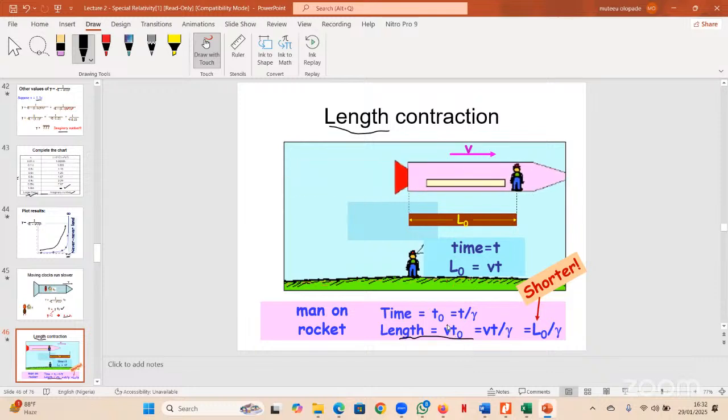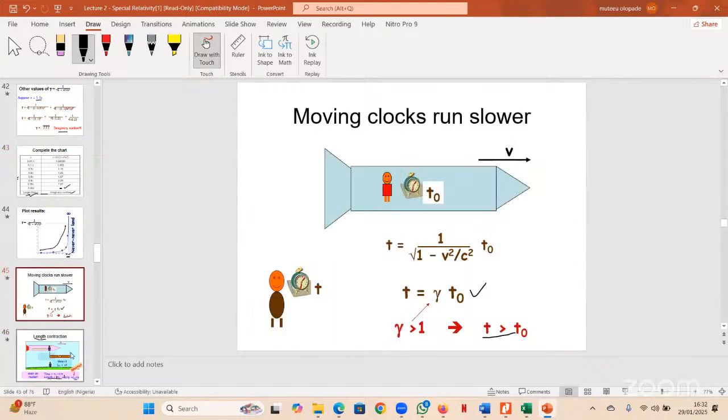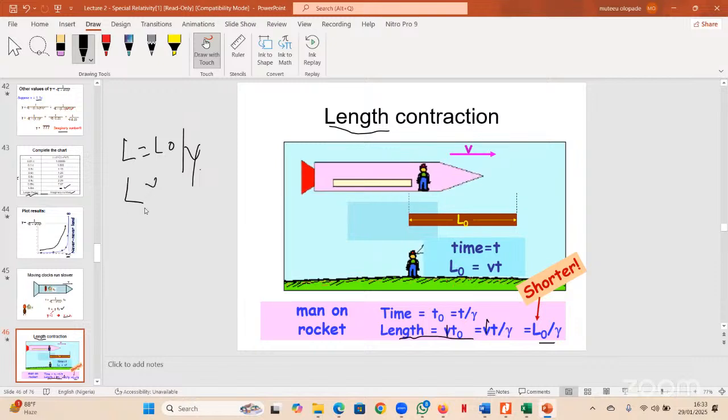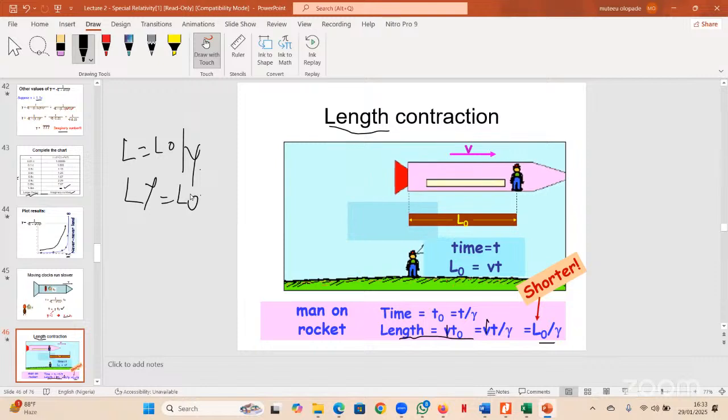If you cancel this V and this V, you are left with L is equal to L naught over gamma. So L gamma will be equal to L naught. So it shows that the length is contracted as measured by somebody on the earth.